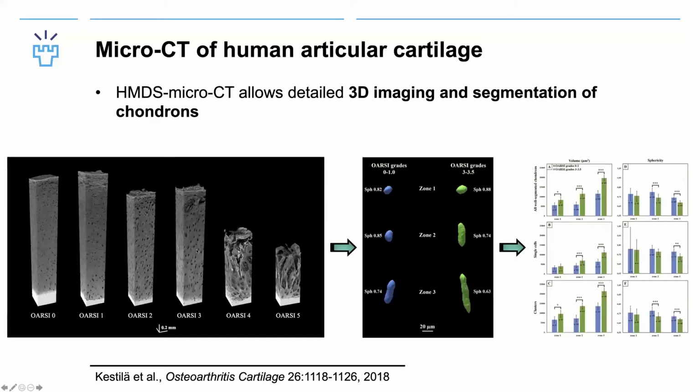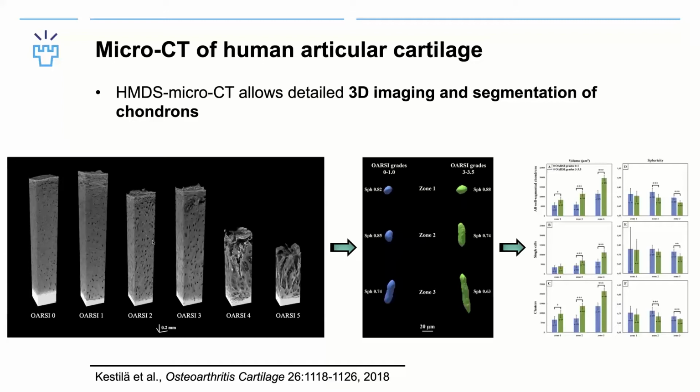So basically the spots there, as you can see in the cartilage tissues, include one or more chondrons within. So we showed that the morphology of these chondrocytes changes as a function of severity of osteoarthritis.